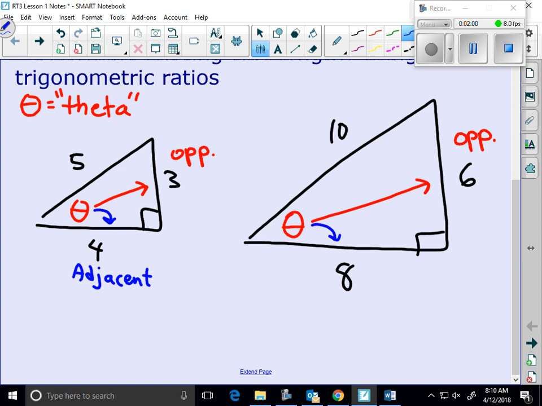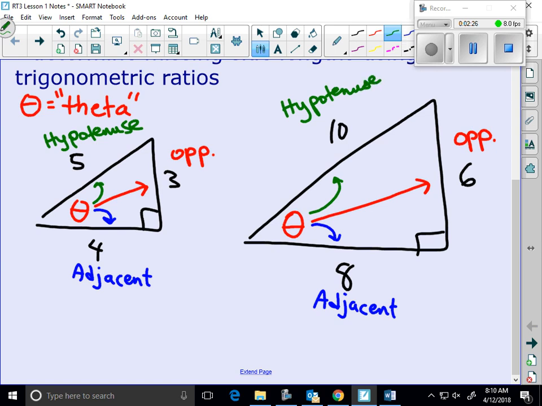I think we know how to spell opposite, so I didn't write it out. But I'm going to spell out adjacent because that's a word that maybe some don't know how to spell. What do you think we call this side here? Yeah, we call it the hypotenuse. That's the hypotenuse.